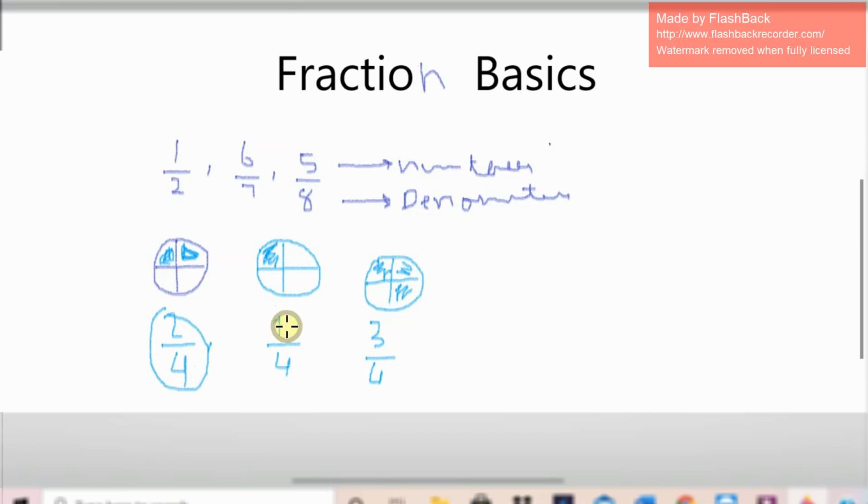Here number 1 is pronounced as the numerator and number 4 is pronounced as the denominator, and the fraction is called 1/4.